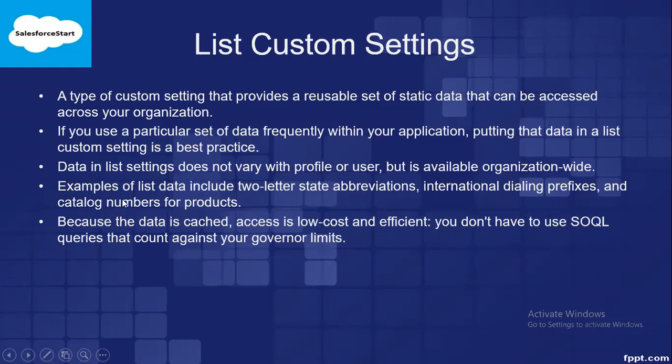Examples of list data include two-letter state abbreviations, international dialing prefixes, and catalog numbers for products, their unique product numbers. Also, because the data is cached, access is low cost and efficient, and you don't have to use SOQL queries that count against your governor limits. This one also we have seen at the starting stage.